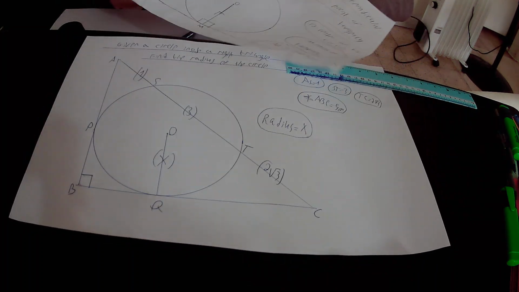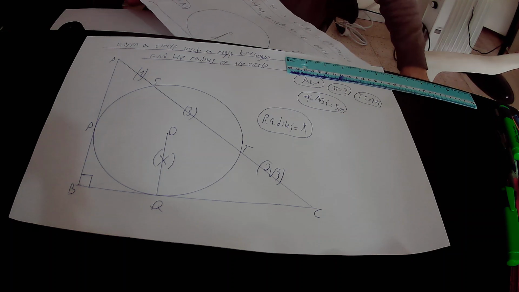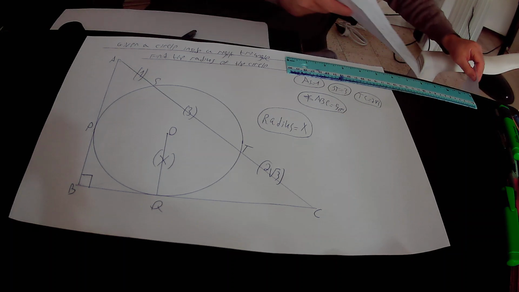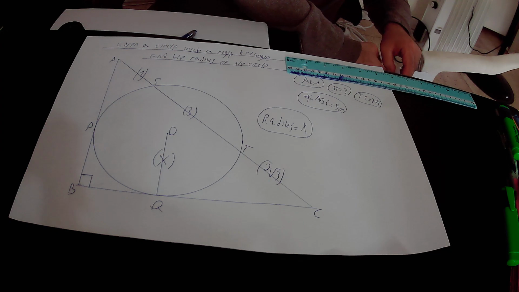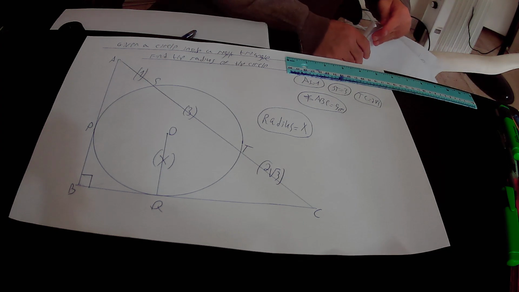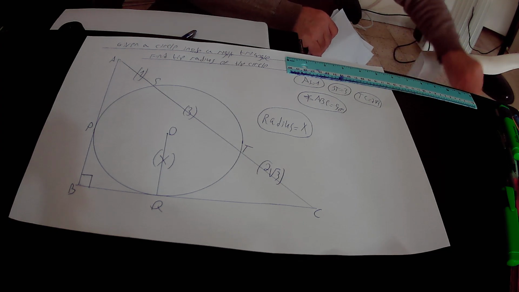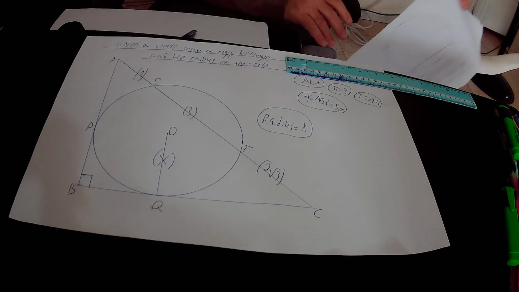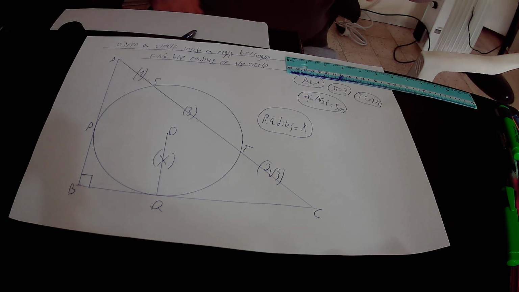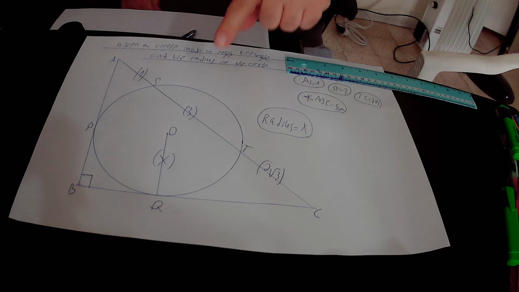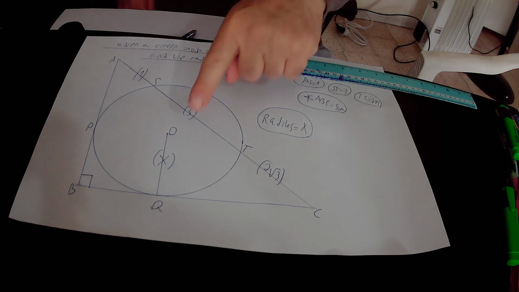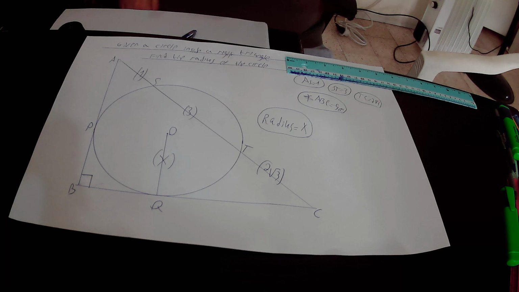Actually, we can implement rule 1 in our drawing. Why? Because in our drawing we have the radius OQ that is equal to X. The radius OQ is drawn to point Q, that is the point of tangency of tangent BC with this circle.